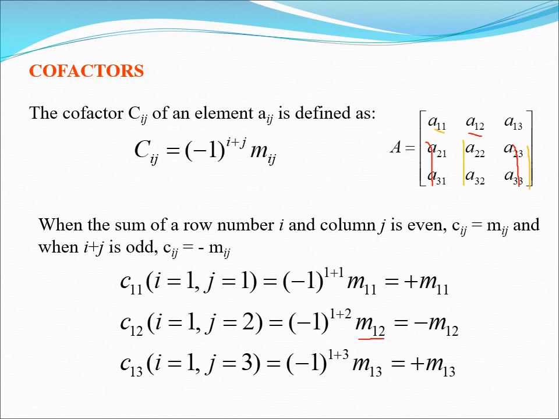Further, to get C13, corresponding to A13, it will be the determinant of A21, A31, A22, A32. That will give us M13, and again -1 to the power 1 plus 3. So in this way the cofactors can be calculated.